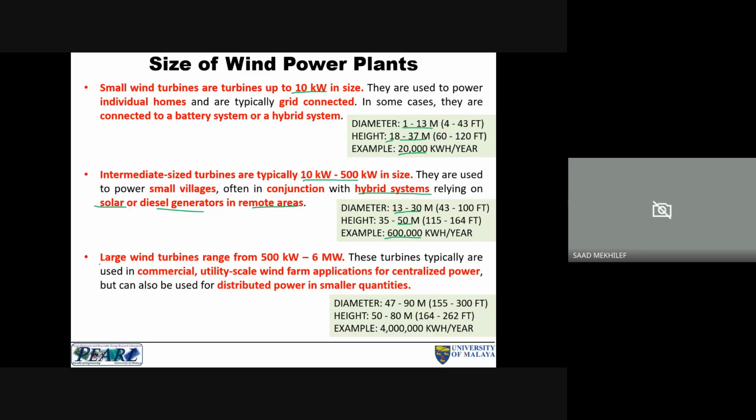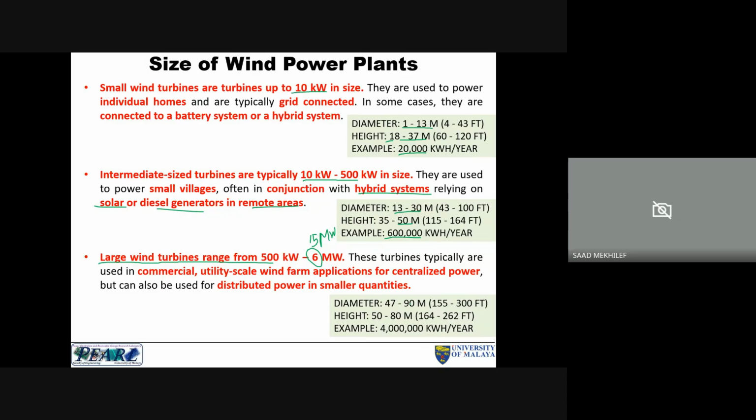And then we have the large wind turbines. But here I think this 6 is outdated. So now we're talking about 15. The one in the market is already 15 megawatts, already commercialized. So we're talking about 500 kilowatts to 15 megawatt wind turbines.